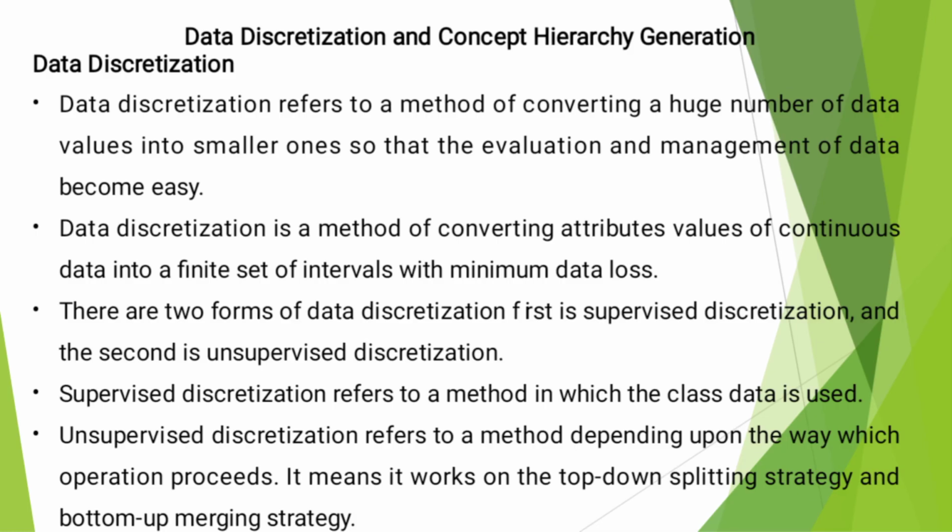Data discretization is a method of converting attribute values of continuous data into a finite set of intervals with minimum data loss. There are two forms of data discretization. First is supervised discretization and the second is unsupervised discretization.